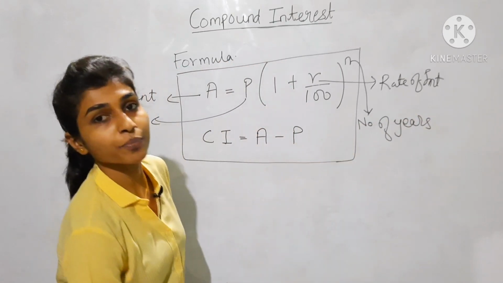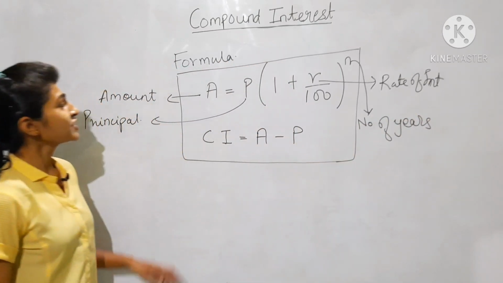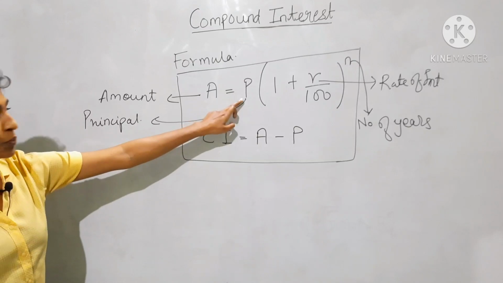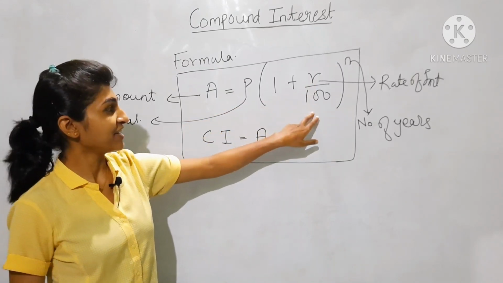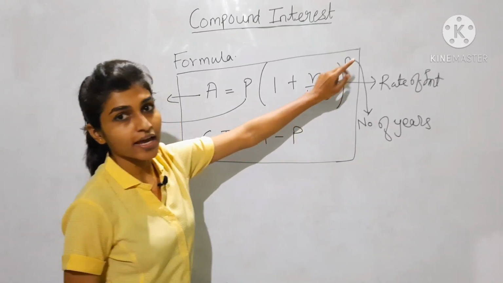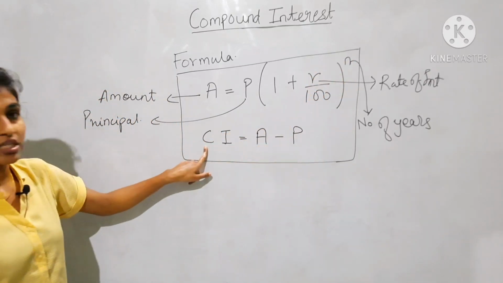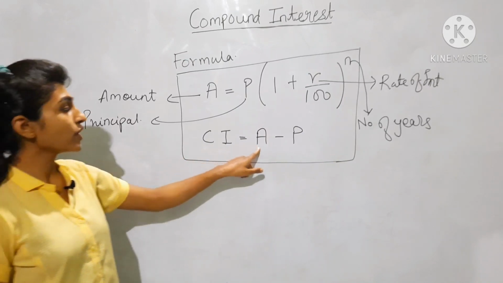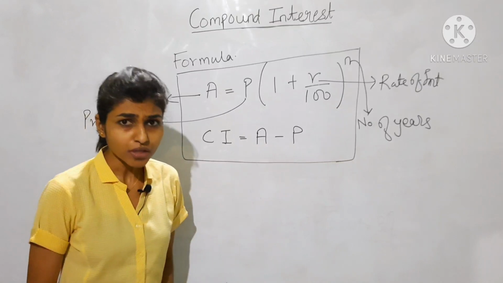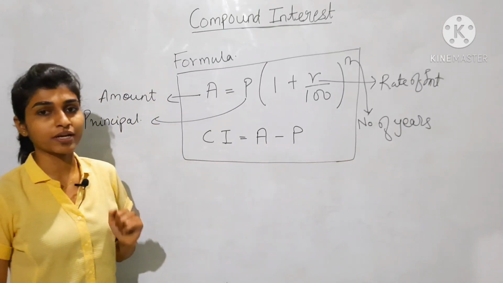So this is the formula of compound interest. A is equal to P bracket 1 plus R divided by 100 bracket close N. N is number of years. Compound interest, that means CI, is equal to A minus P. I hope you have understood the formula.